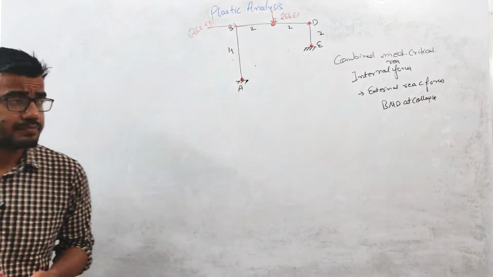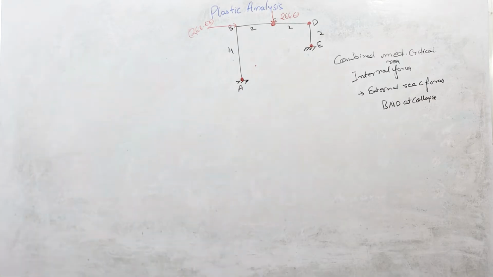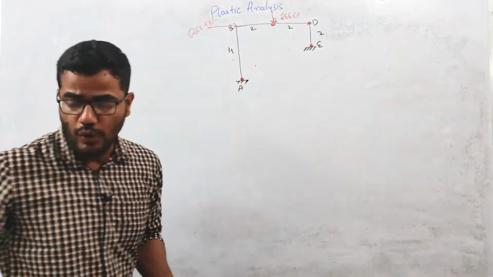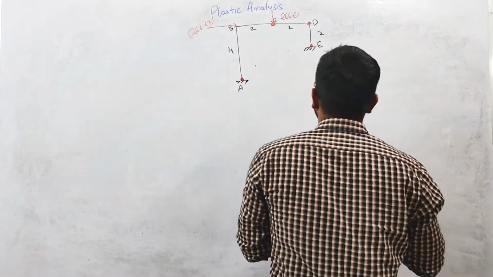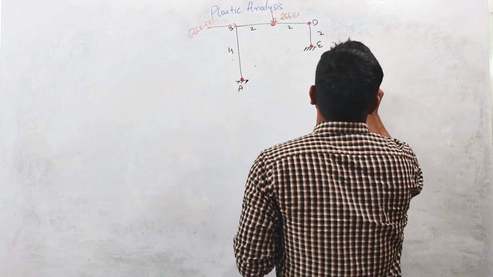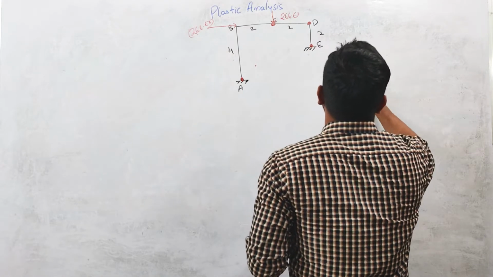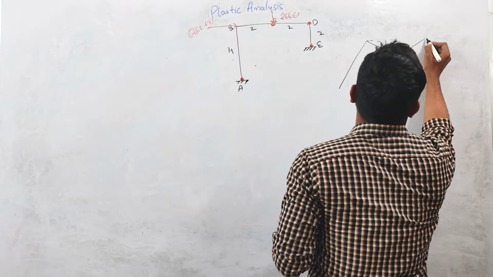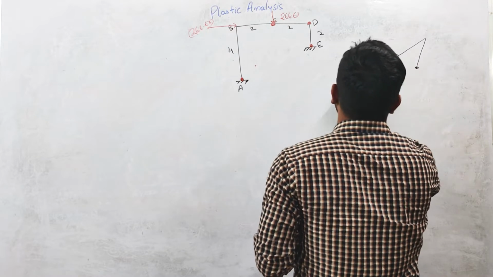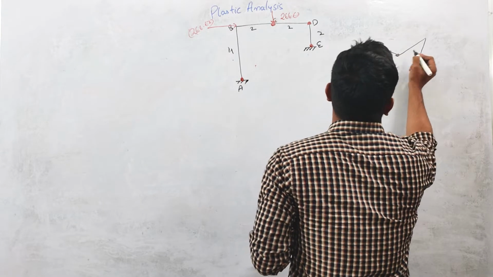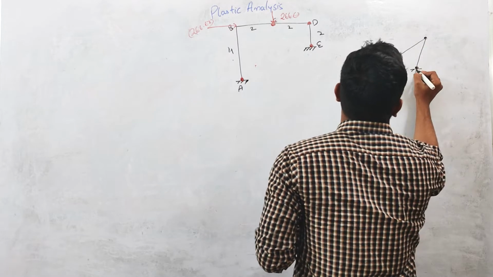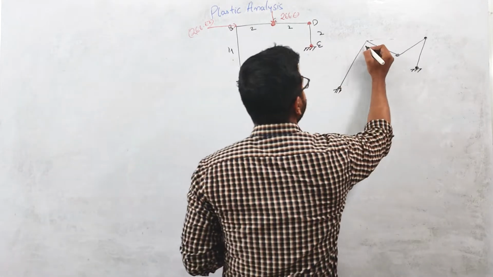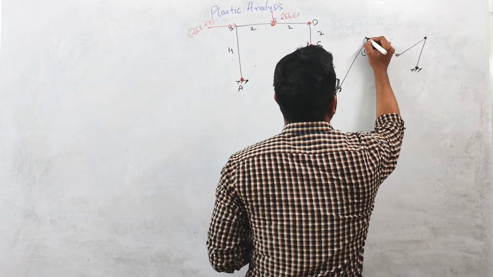Okay. So now, when this frame is in the collapse state, the deflection of this frame will look like this. And this angle will remain 90 degrees because no plastic hinge is forming at this B point.